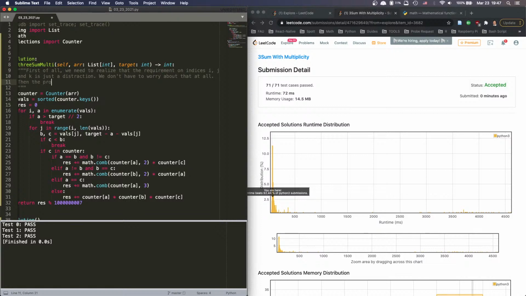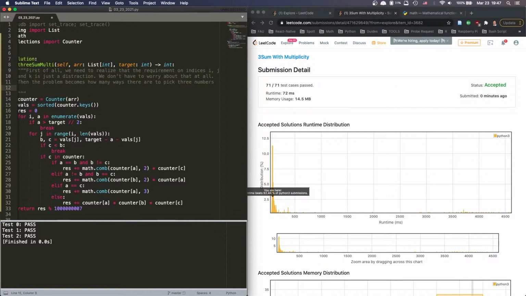Then the problem becomes how many ways there are to pick 3 numbers from the array that sum up to the target.